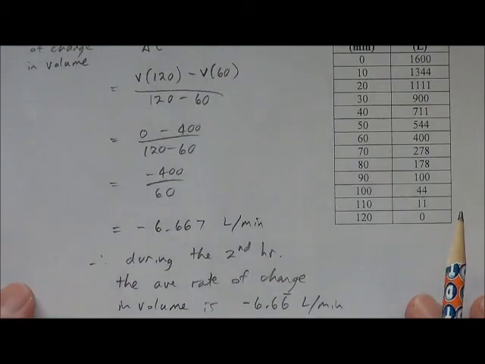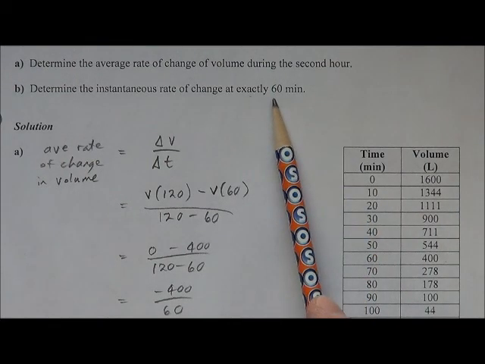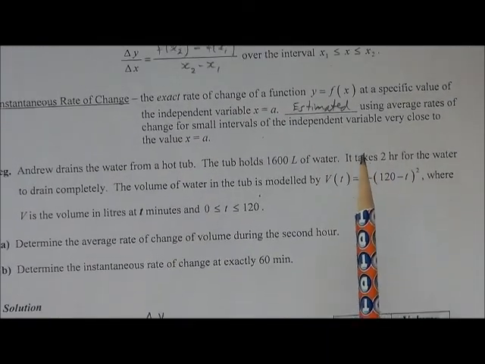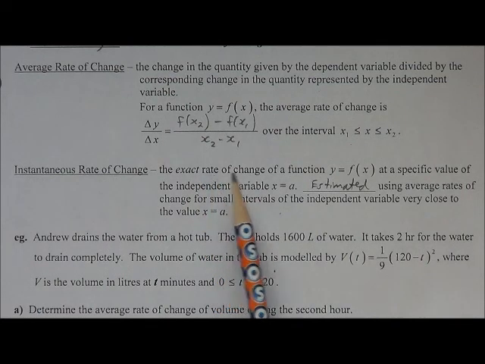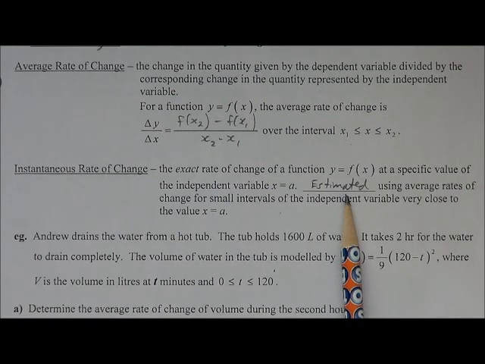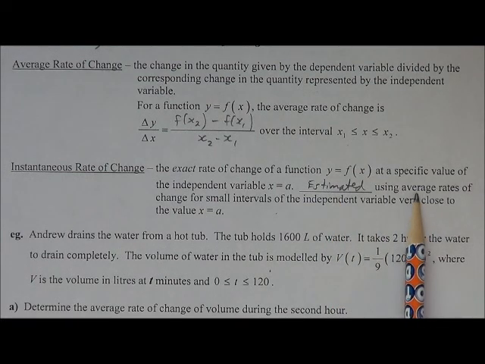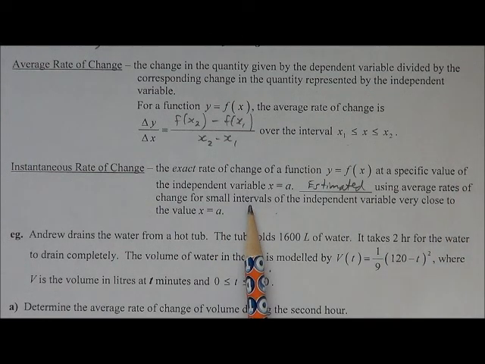The second question is: determine the instantaneous rate of change at exactly 60 minutes. Notice up here we said that the instantaneous rate of change is the exact rate of change, and we're going to be finding estimates of the instantaneous rate of change, because right now you don't know the math to find the exact instantaneous rate of change. To estimate it, we're going to be using average rates of change for small intervals of the independent variable close to that value of a.